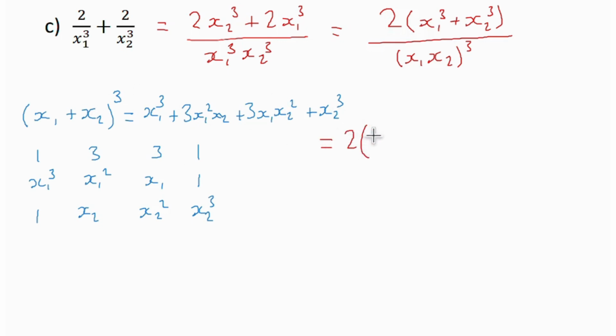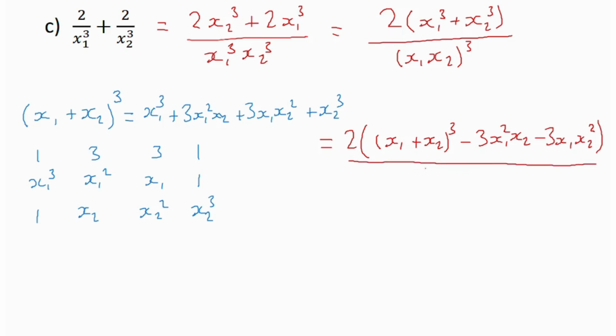For the rest of it, we have (x1 + x2) cubed, that's the sum, minus 3 lots of x1²x2 minus 3 lots of x1x2², and all of that is over (x1x2) cubed.